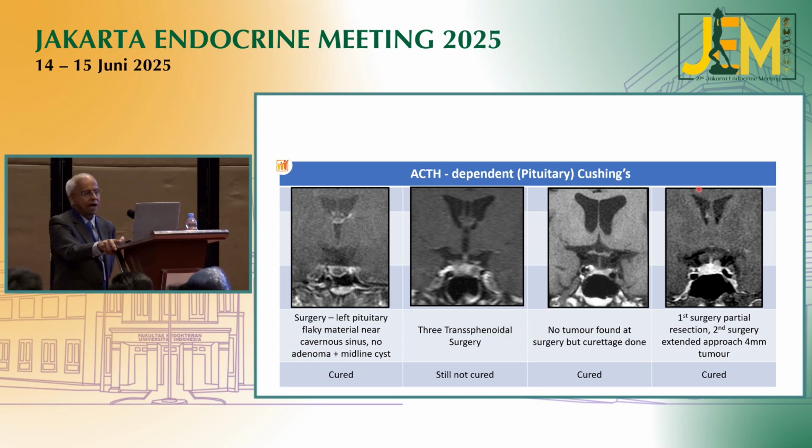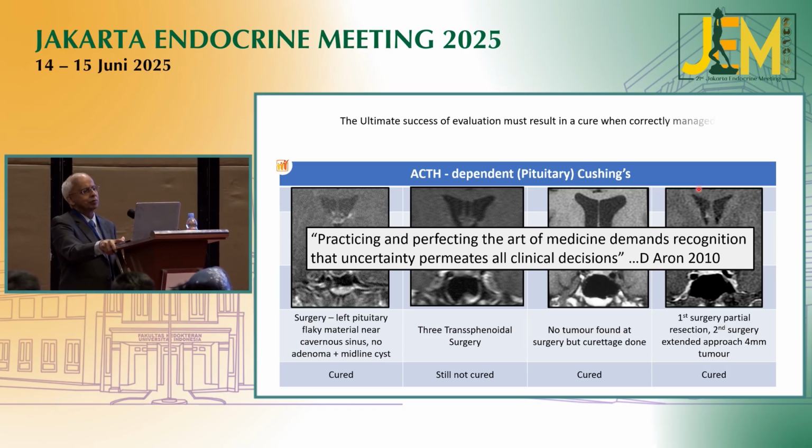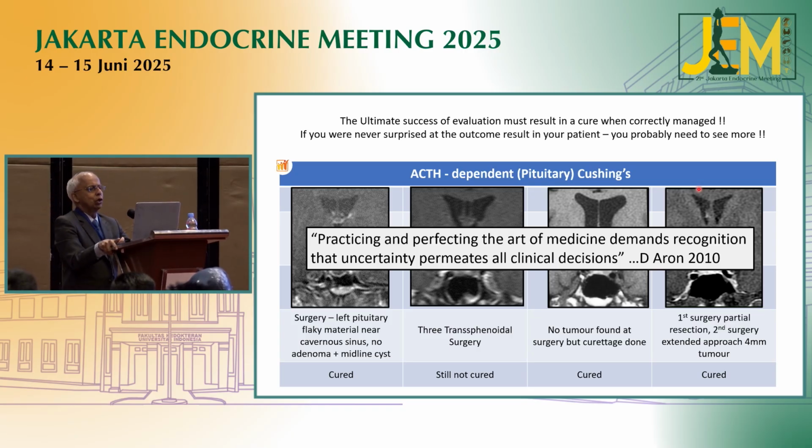Look at the outcome. Cured, not cured, cured, cured after second surgery. So when we deal with patients with Cushing's, there's always uncertainty. And the ultimate success is to cure them. But for those who have never been surprised, I think we probably need to see more.